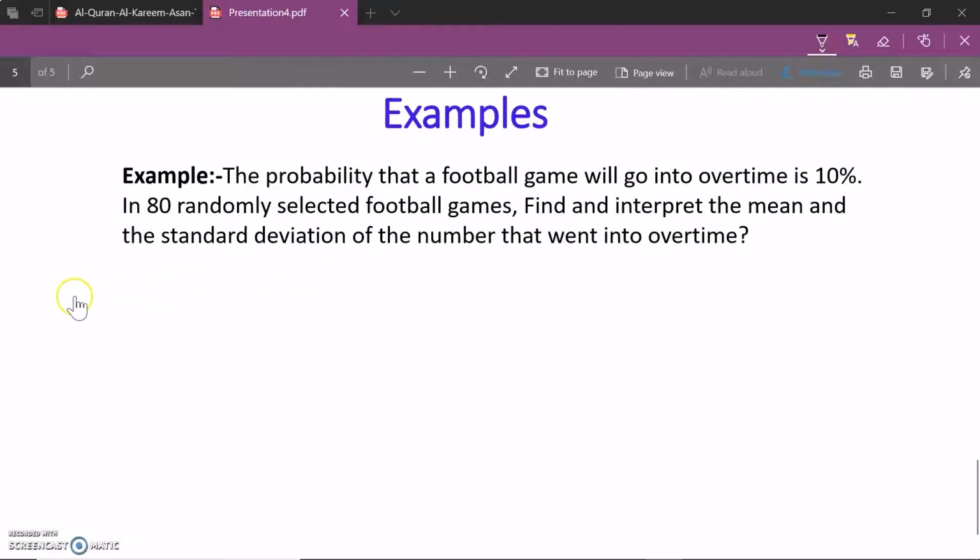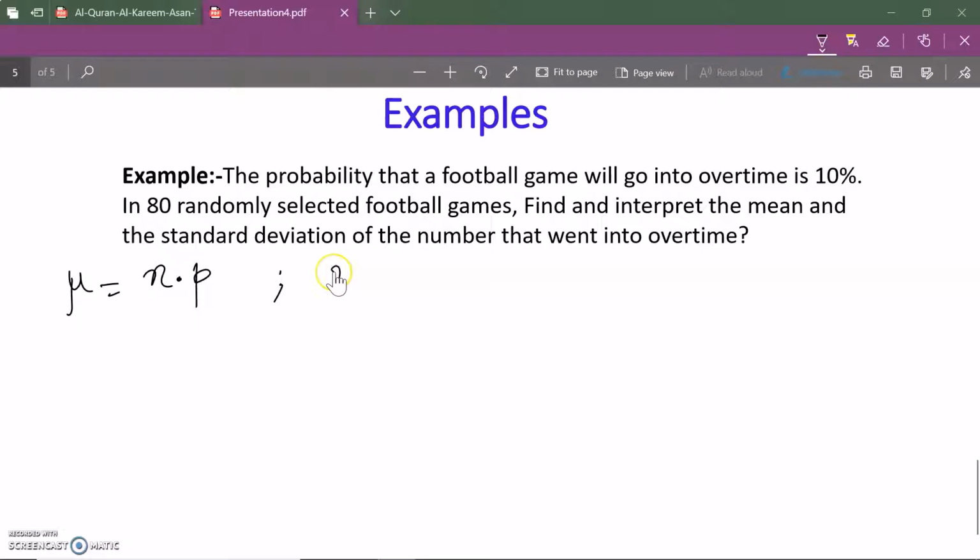First, we're going to write the formulas we have already seen. What is the formula for the mean? Mean is represented by mu, and that is always equal to n times p. So let's see what n is here and what p is here. N stands for the number of trials. We have randomly selected 80 games. Each selection of a game is called a trial. So n is 80. And p is the probability of success.